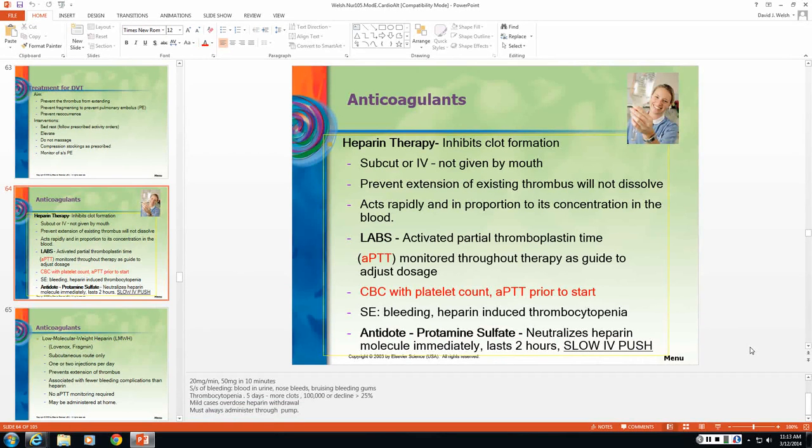Mild cases, you're going to have some people that go through heparin withdrawal. So that has to be monitored closely. The biggest thing I want you to remember is protamine sulfate is the antidote for heparin. Okay?